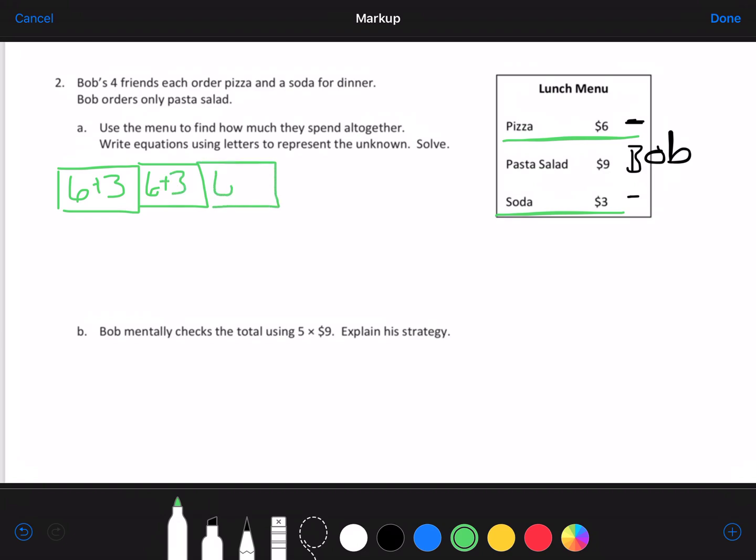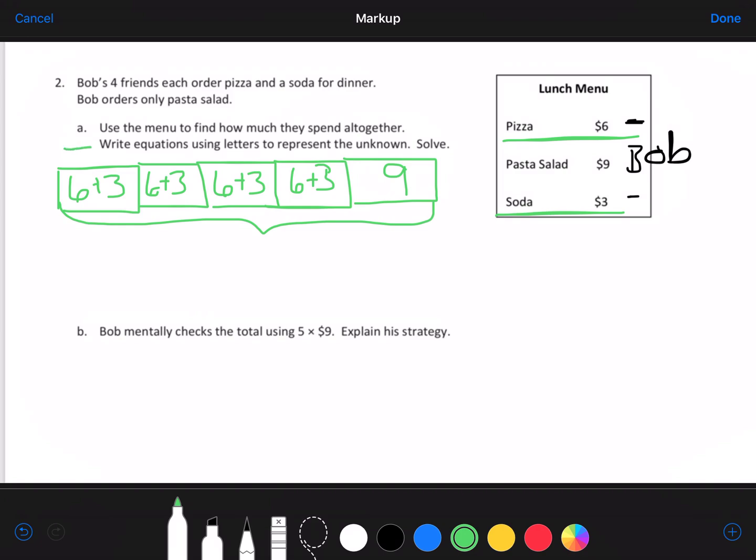And the next friend ordered a $6 pizza and a $3 soda, and the fourth friend ordered a $6 pizza and a $3 soda. And then, of course, we have Bob, who ordered the $9 pasta salad. Okay? Use the menu to find out how much they spend all together. That means I want to know what all of that adds up to.